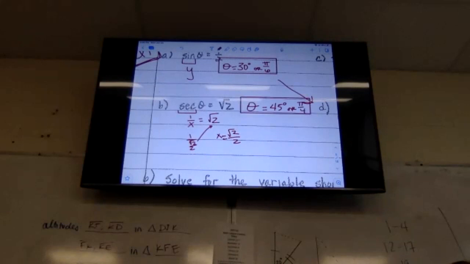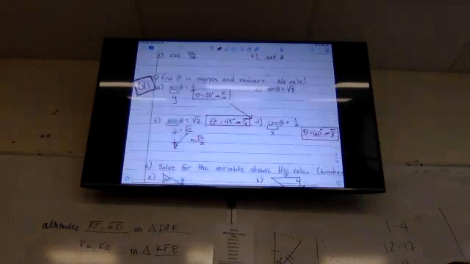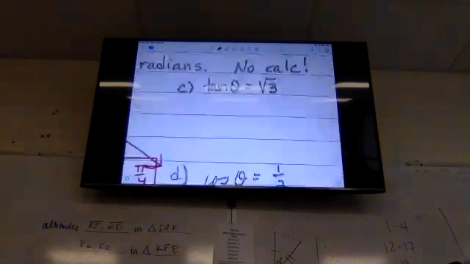The hardest part here is that I'm not really necessarily always doing a lot of math. Some of it's just reasoning. Do you understand my reasoning there so I didn't have to do a bunch of math? Yeah. All right, this next one though, we are going to have to do a little bit of math in order to justify our reasoning. So this time tangent has to equal √3.